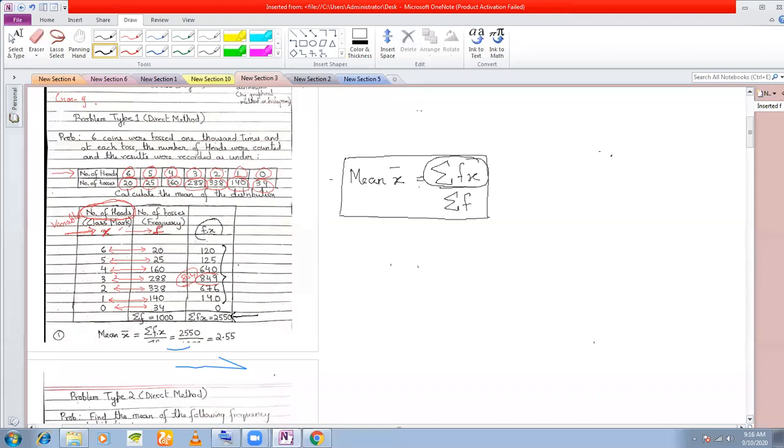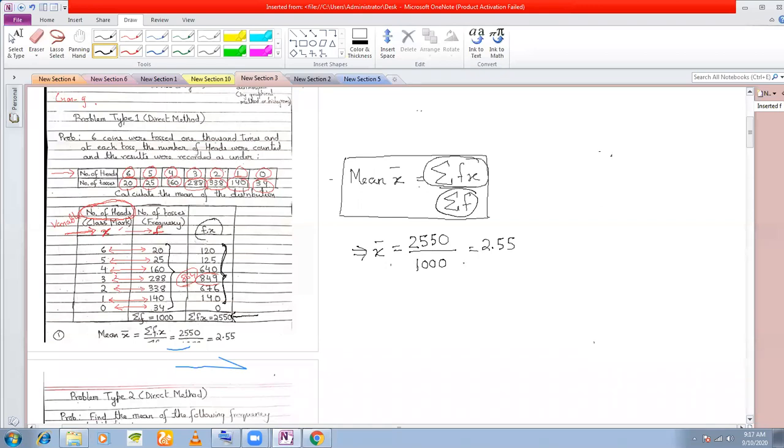So this sum is wrong, but you have to add up this column. Therefore you will get x bar equal to, say if this sum was correct, summation fx is 2550 divided by summation f. Summation f is nothing but the total of this column. The summation f is 1000, and you get your answer 2.55 or whatever.